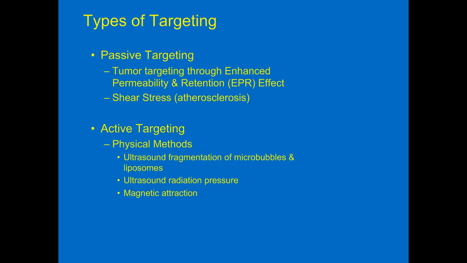For various reasons, you can have a slow release or a slower release of the payload. There's a lot of work recently having to do with magnetic attraction. So again, the same principle. You can hold a magnet over a particular part of the body, and then you can formulate your nanoparticles with a paramagnetic compound.